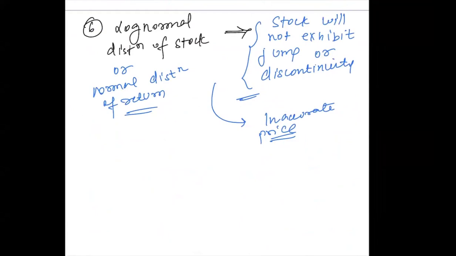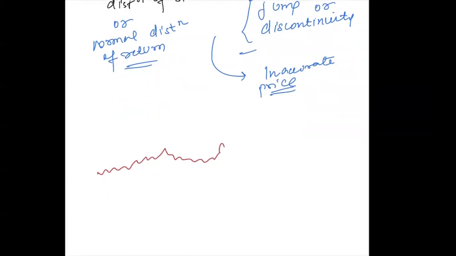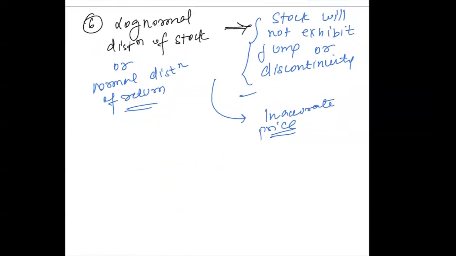Okay, yeah. See, it assumes the stock price goes like this. Okay, so when we say this is your stock price at time t equal to 0, what I mean by jumps is, let's say you see a sudden increase in the price.